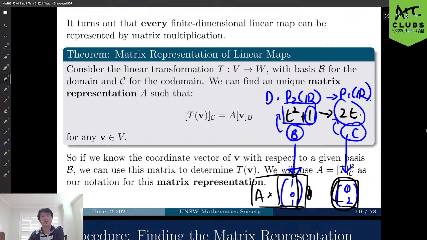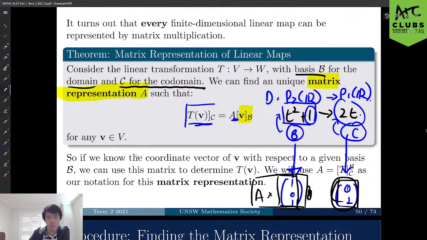Right, so the idea is that if we utilize our bases, so our basis B in the domain and basis C in the codomain, we can find a unique matrix representation. So we can find a matrix A such that if you take the coordinate vector of V with respect to the basis B and you multiply it by the matrix A, then that's just going to be equal to the result with respect to the basis C.